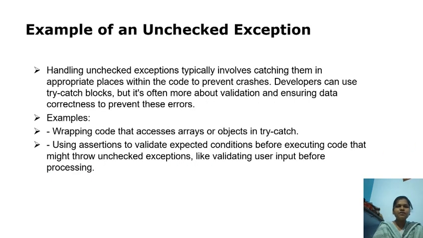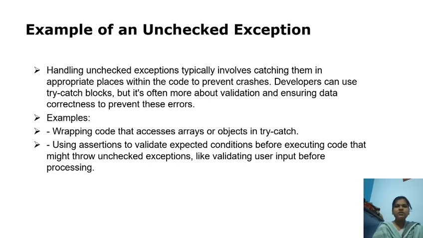Handling unchecked exceptions typically involves catching them in appropriate places within the code to prevent crashes. Developers can use try-catch blocks, but it is often more about validation and ensuring data correctness to prevent these errors.